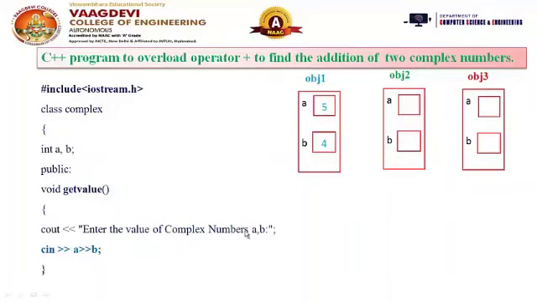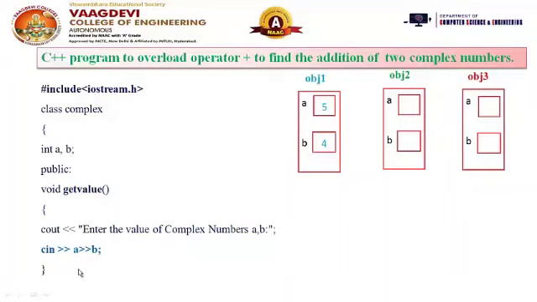And in the next statement, by using the cin object, it reads data from the keyboard. For example, I am reading the values 5, 4 from the keyboard. Those values are stored in variables A and B in the first object. After executing this method, control returns back to the main function.